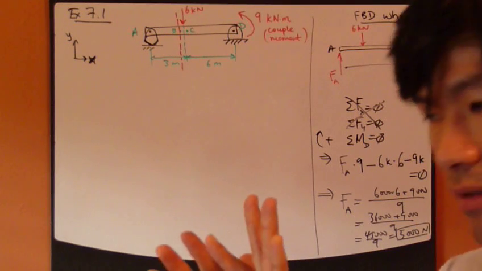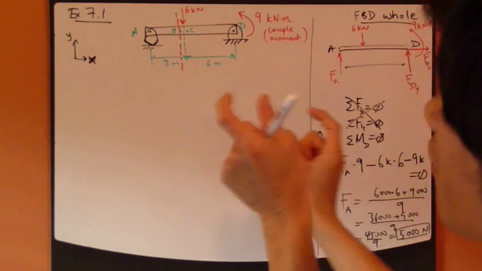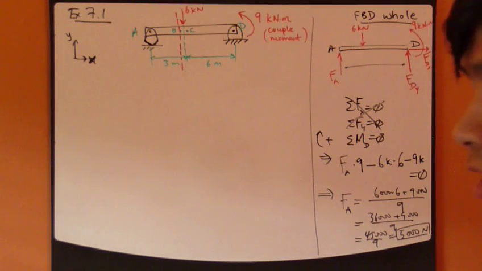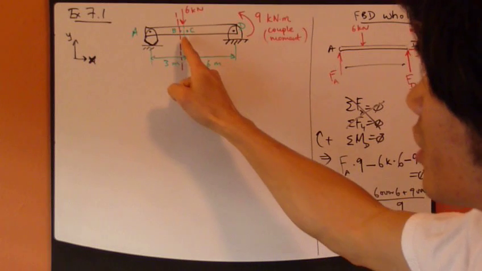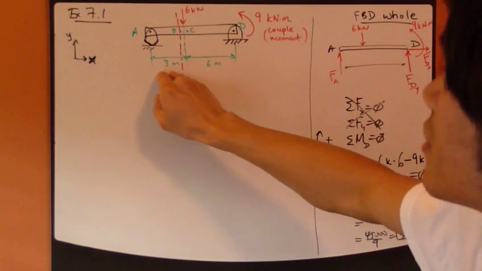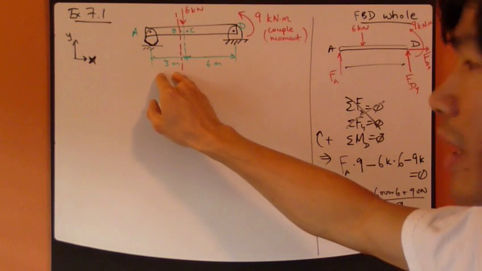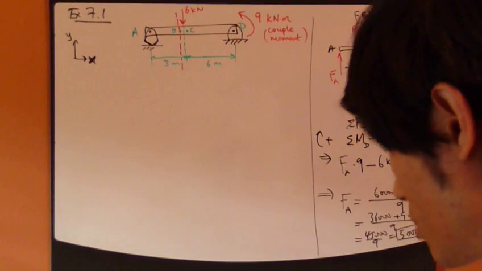Immediately left of it. Now I have drawn B to be quite far from it, but really, we're interested in what's going on just to the left of it. So this distance, 3 meters, will still apply. Although it's slightly less than that, we can still apply 3 meters.